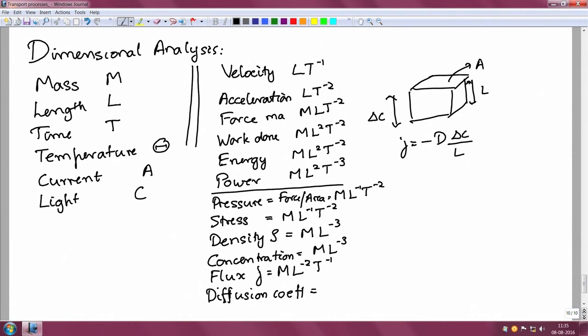So in this we know the dimensions of everything apart from this diffusion coefficient D.